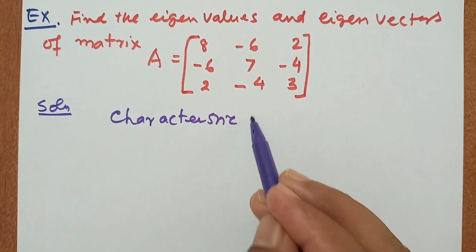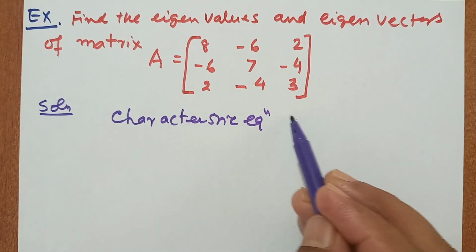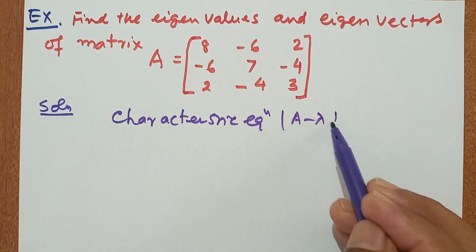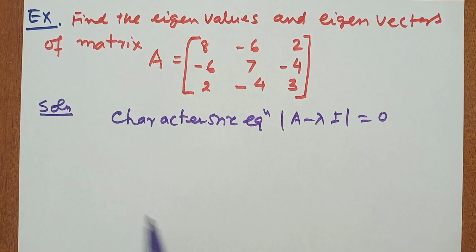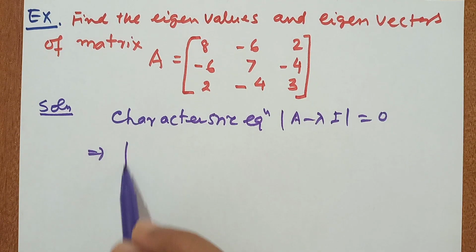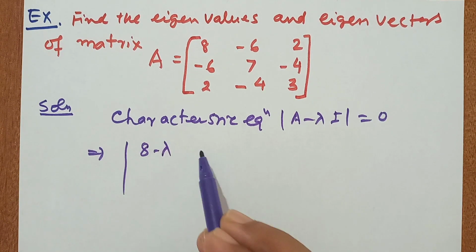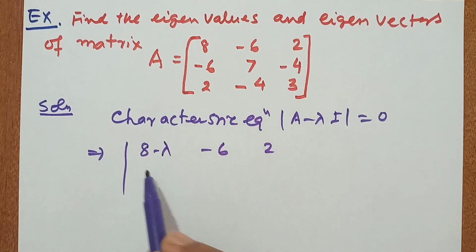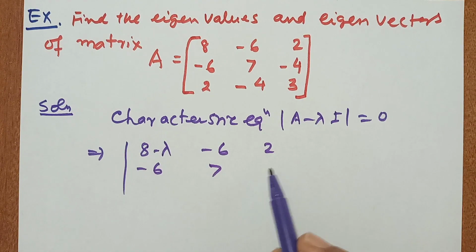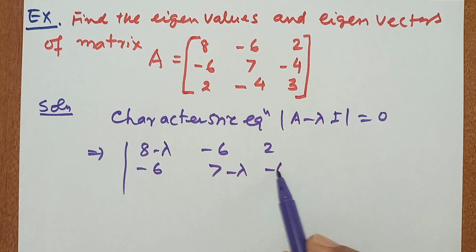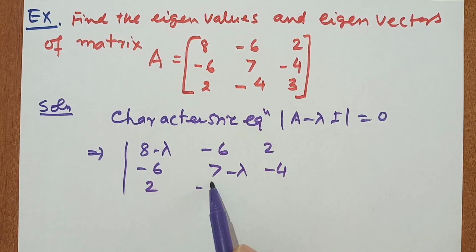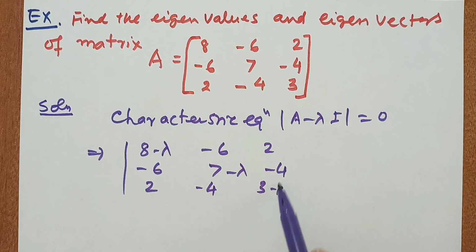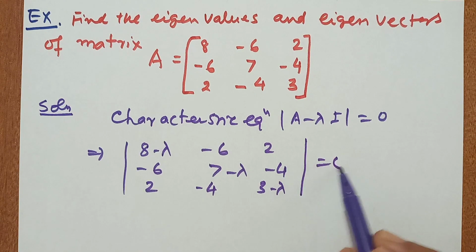The characteristic equation is the determinant of A minus lambda I equal to 0, which means 8 minus lambda, minus 6, 2; minus 6, 7 minus lambda, minus 4; 2, minus 4, 3 minus lambda, equal to 0.